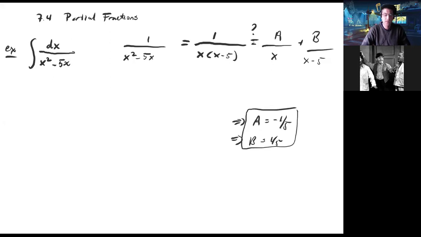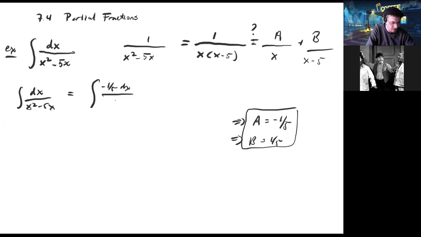Okay, so if we look at what we did on the previous whiteboard, we determined the constants. So that tells us the integral of dx over x squared minus 5x is equal to the integral of negative a fifth dx over x plus the integral of 1/5 dx over x minus 5.